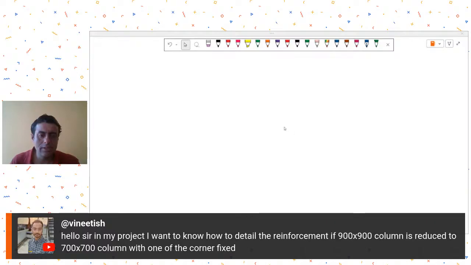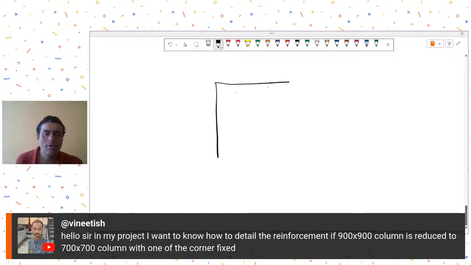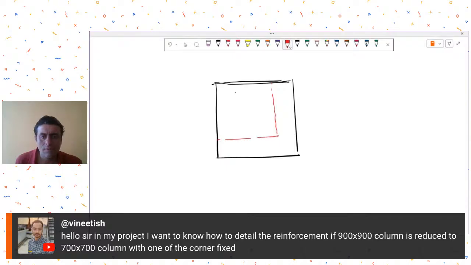Mr. Vineet is asking, hello sir, in my project I want to know how to detail the reinforcement if a 900 by 900 column is reduced to 700 by 700, with one of the corners the same. So basically, let's say this is his column in plan, 900 by 900, and the upper column is getting reduced to 700 by 700. One corner is fixed, let's say the top left corner.